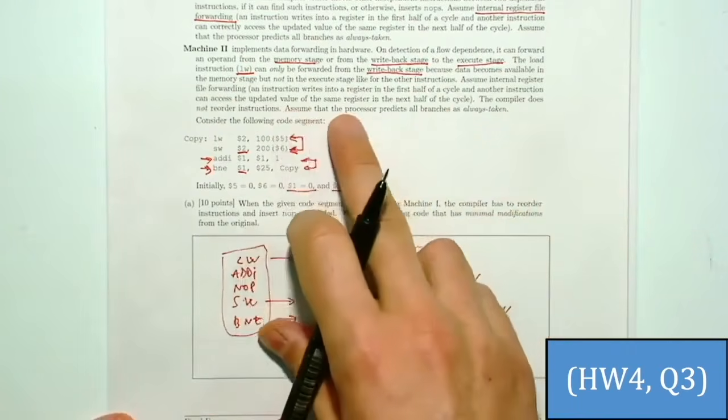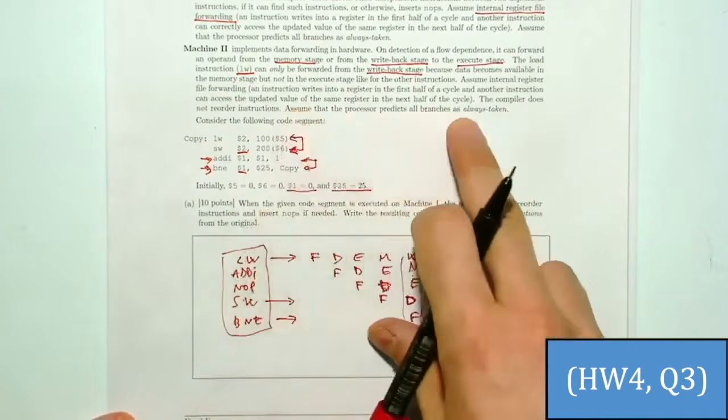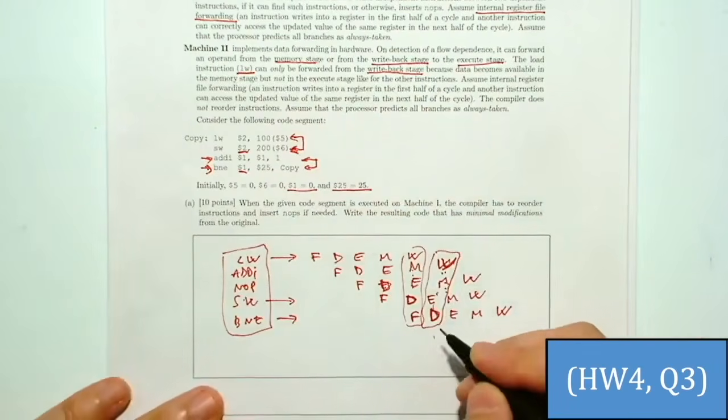So can I make an assumption? Yeah, of course, you can make an assumption. In this case, I'm assuming that you can resolve the branch. So here, the processor predicts all branches are always taken, right? This is a very easy branch predictor, so you can always assume that it's always taken, so you don't have any extra latency here.